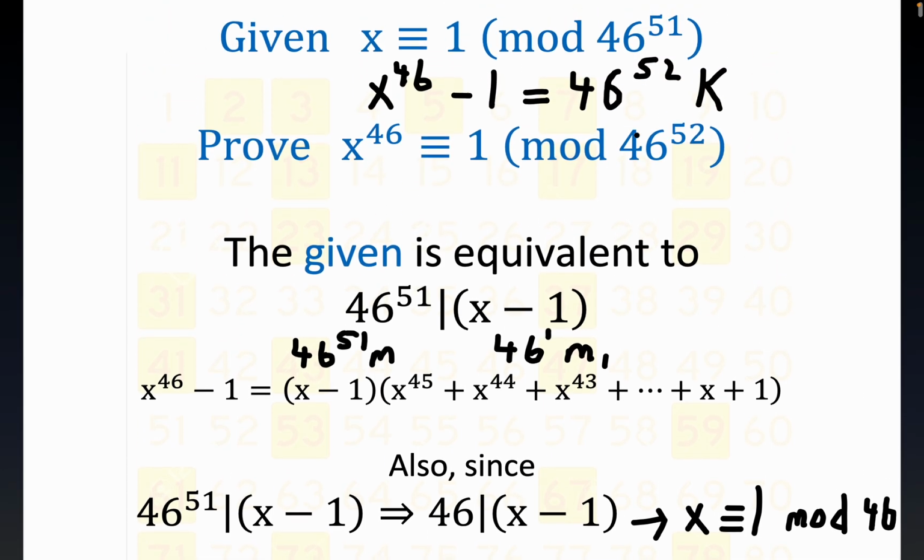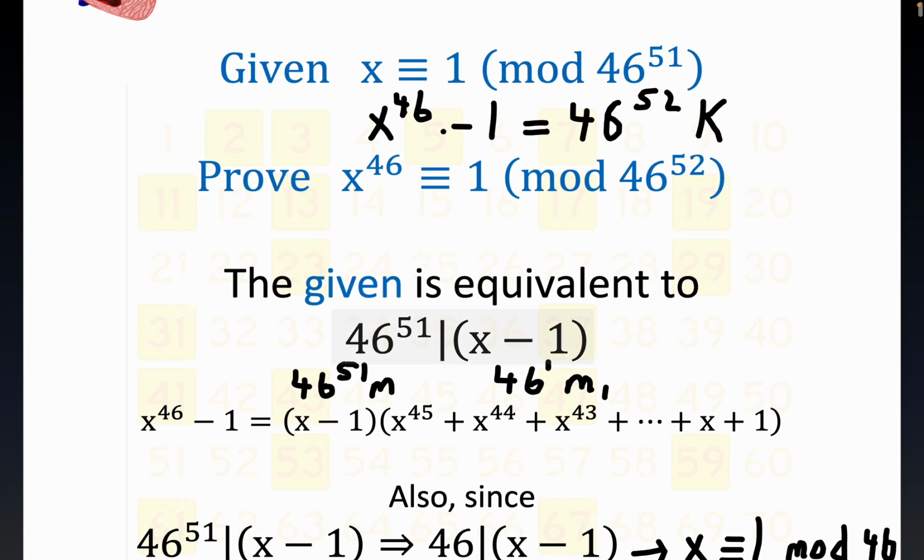In other words, this is now true, because we have x to the 46 minus 1 equal to a multiple of 46 to the 51st. It's also equal to a multiple of 46. So that's where this 52 is going to come from. This statement right here is equivalent to the statement we're trying to prove, and this statement proves that this is true.